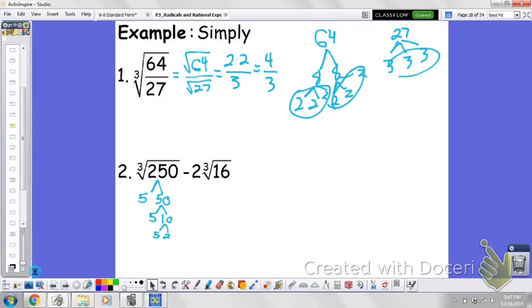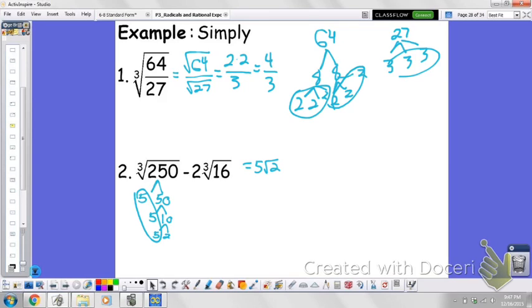Since we're looking for sets of 3, these 3 5s will work. So that will be equal to 5 root 2.